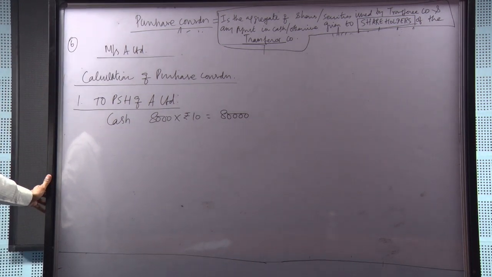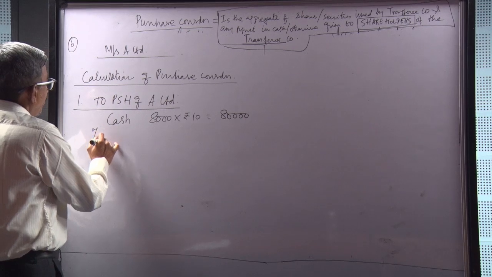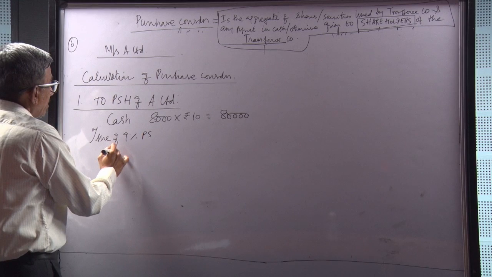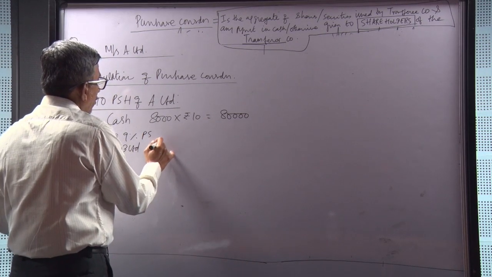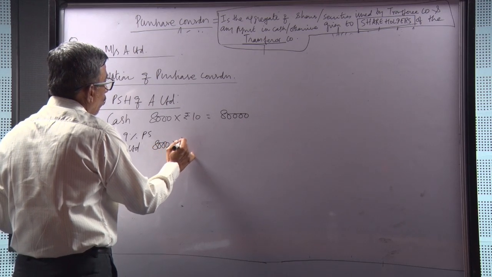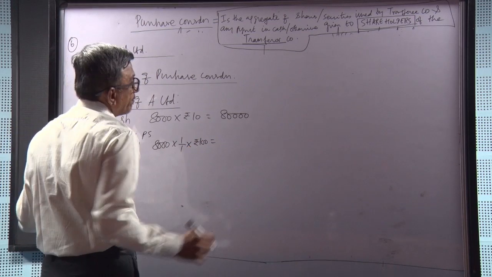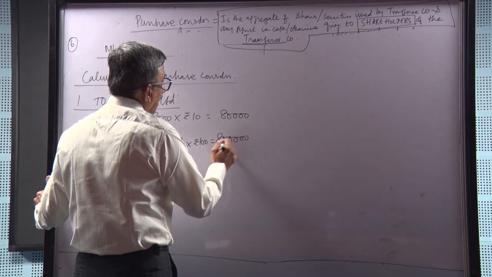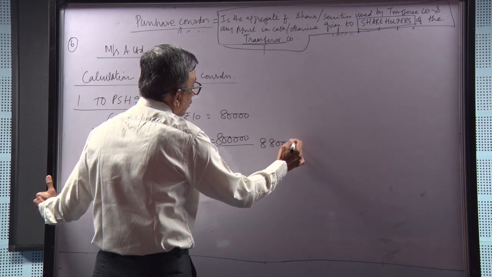And for every preference share in A, you will get one preference share in B. So issue of 9% preference shares in B Limited. This is 1 for 1, so 8,000 into 1 by 1 into rupees 100 per share. So preference shares will be issued for a value of 8 lakh. Therefore, the preference shareholders will get 8,80,000 in total.